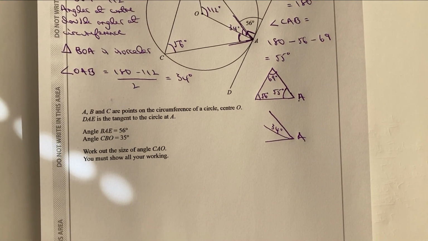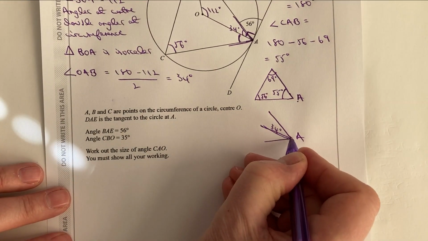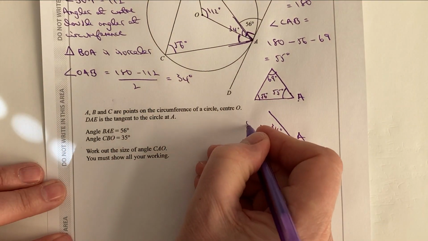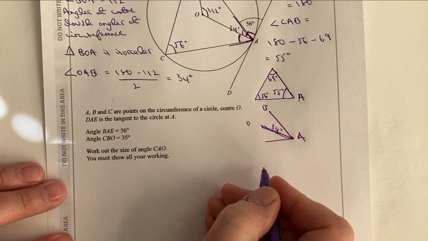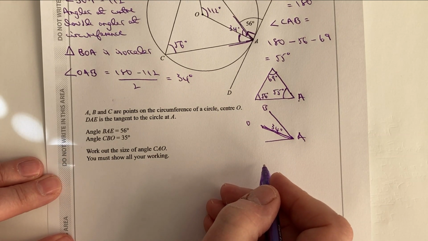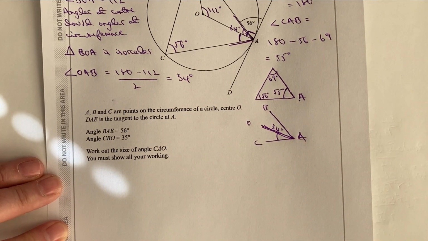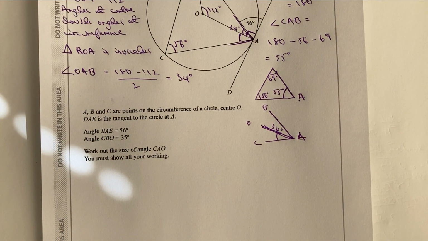And because we've already got that at 34 degrees, which is this OAB, then if I want to work out CAO, which is the one that I'm after, then it's going to be 55 take away 34 degrees, and 55 take away 34 degrees is 21 degrees. That will answer this particular question.